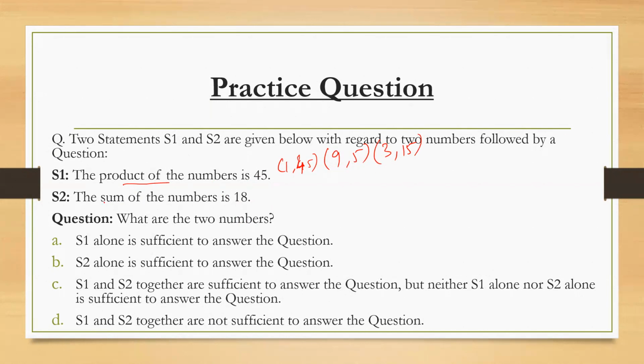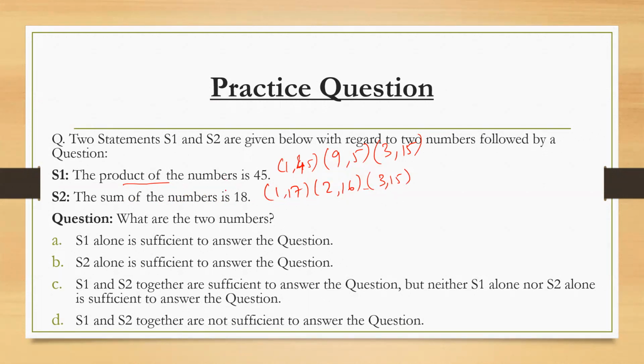Similarly, if I consider statement 2 alone, what is happening? 18 is there. So again, multiple numbers could be there. 1 and 17 could be there. 2 and 16 could be there. Similarly, in one of the scenarios, 3 and 15 could be there. But again, the condition here is that we are not getting a unique pair.